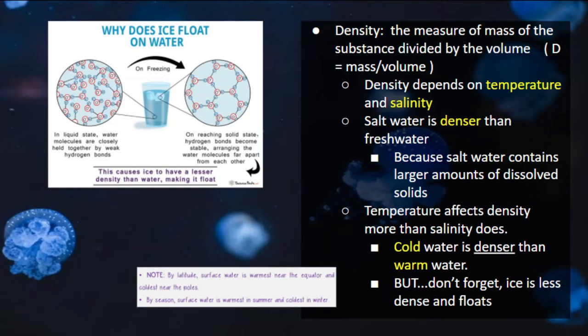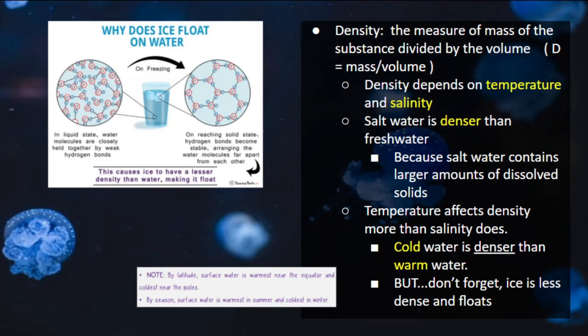So density depends on temperature and salinity when we're dealing with density of ocean water. Salt water is more dense than fresh water because salt water contains larger amounts of dissolved solids. So it's going to have particles floating in there, which makes it more dense.